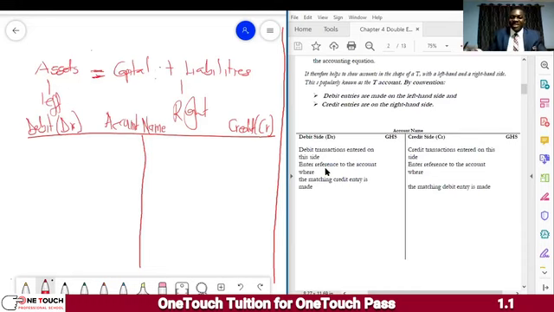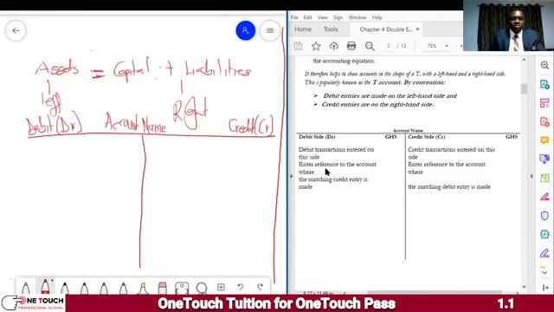So when recording the transaction on the debit side, you will enter the transaction with reference to where the corresponding credit entry will be found. Then when you record a transaction on the credit side, the credit transactions are entered on the right-hand side, and you record that transaction by making reference to where the corresponding debit entry will be found.